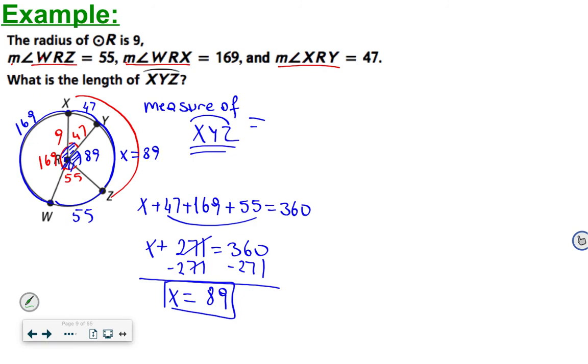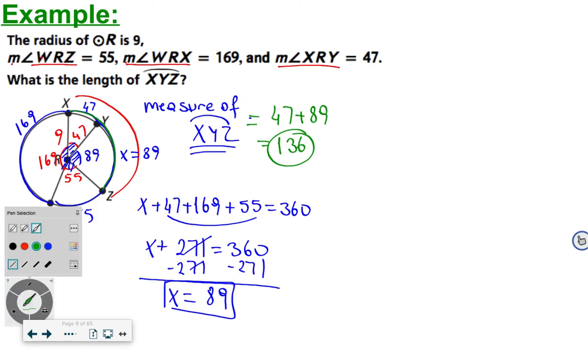Now I am looking for the measure of XYZ. To be able to find this measure, you need to add 47 and 89. If you add them up, 89 plus 47 is going to become 136. After finding the measure of arc XYZ, now I can find the length of arc XYZ.